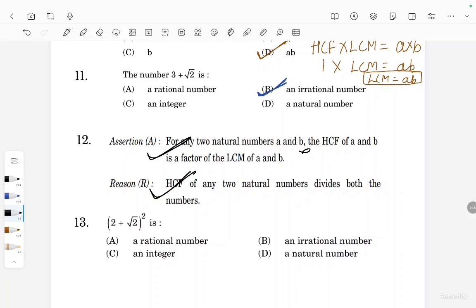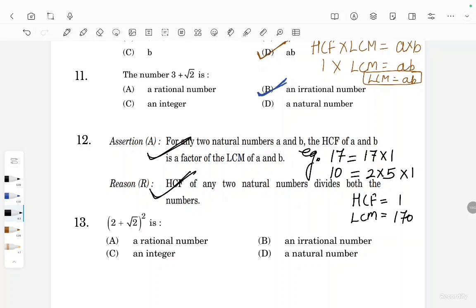You can take the example also. Take two numbers, one is 17 and another is 10. Factors are 17 into 1, 2 into 5. HCF is 1, LCM is 170.